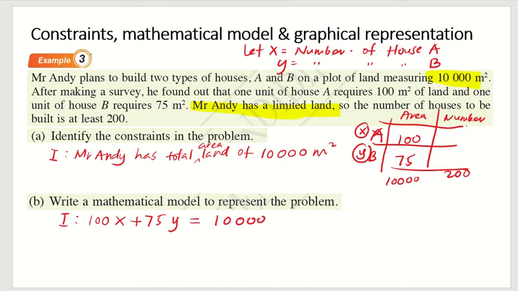We cannot use equal to here, because these are inequalities.